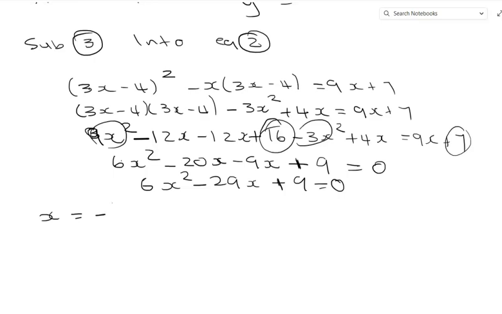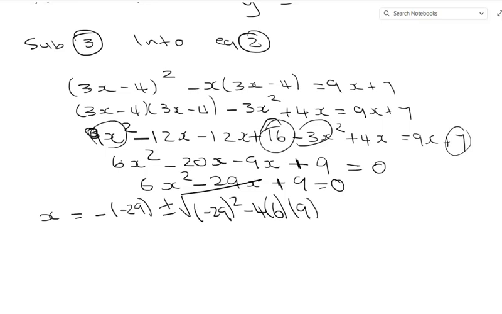So we're going to have negative b, which is negative negative 29, plus or minus the square root of b squared, which is negative 29 squared, minus 4 times a, which is 6, times c, which is negative 9, over 2a, where a is 6.